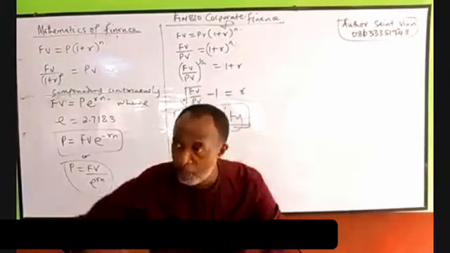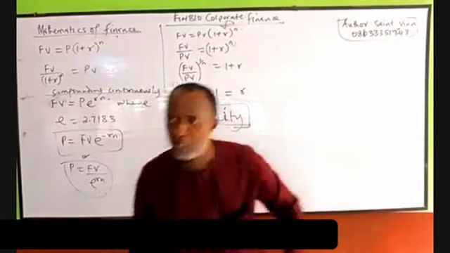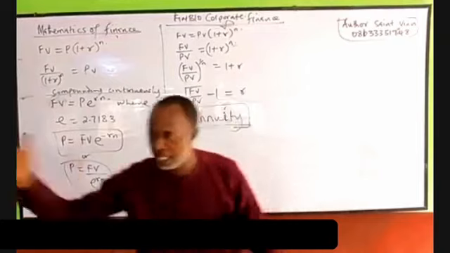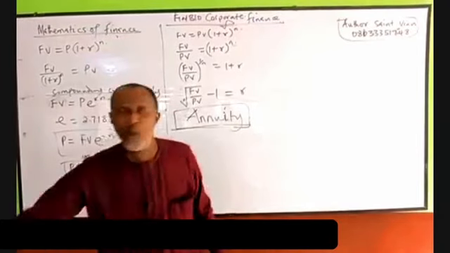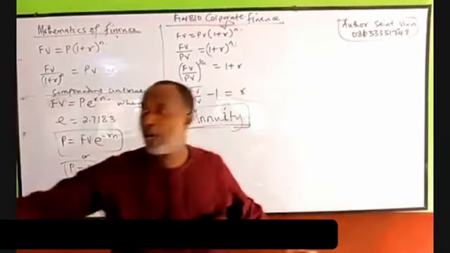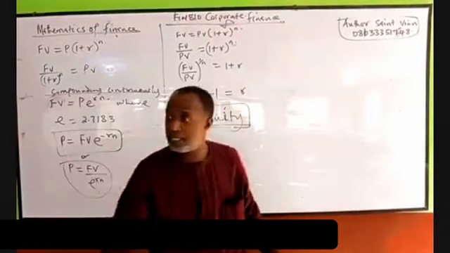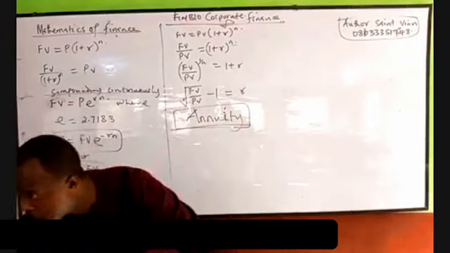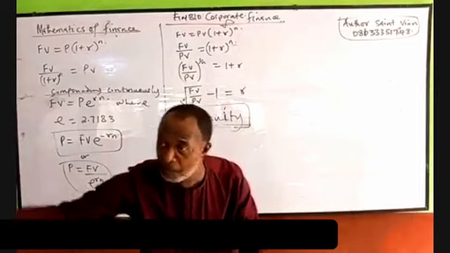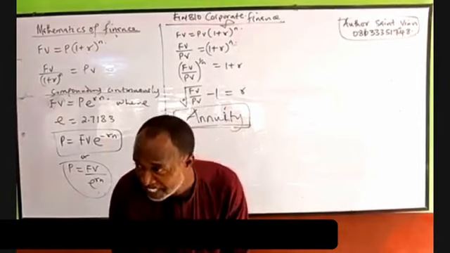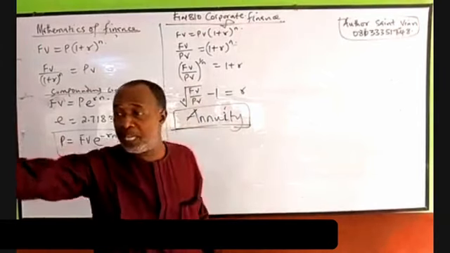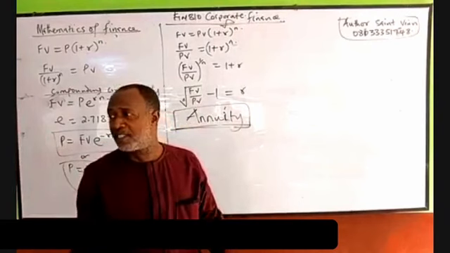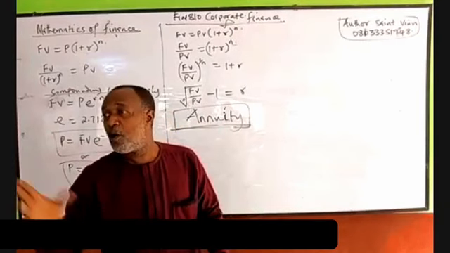When you start, you have equal payment. Somebody started at the beginning, somebody started at the end. Even when you do common local savings, that they call a susu, when they mark for you and when they mark for me, will we get the same amount? If they mark for me at the beginning and you mark at the end, I don't think when the year comes, we are going to collect the same amount.